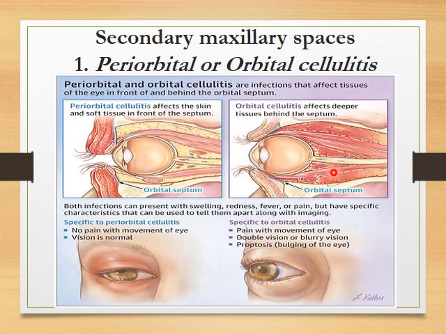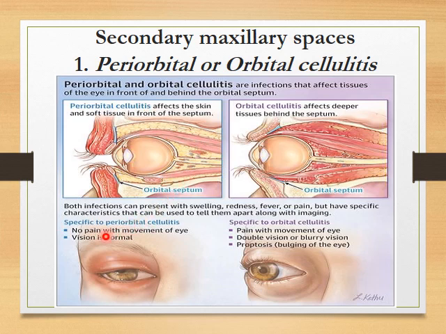In both of these infections, we will see swelling and redness of the eye and the eyelid. Also, we will see fever and pain. But how can I differentiate the periorbital from the orbital? In periorbital cellulitis, there is no pain in eye movement because the muscles involved in the movement of the eye are not affected.